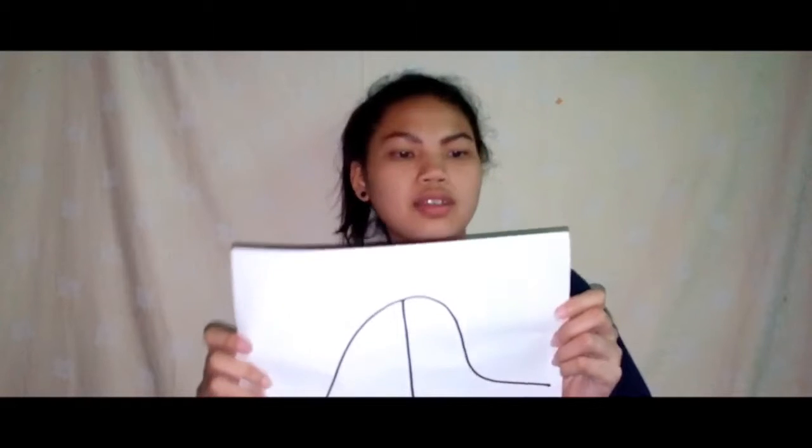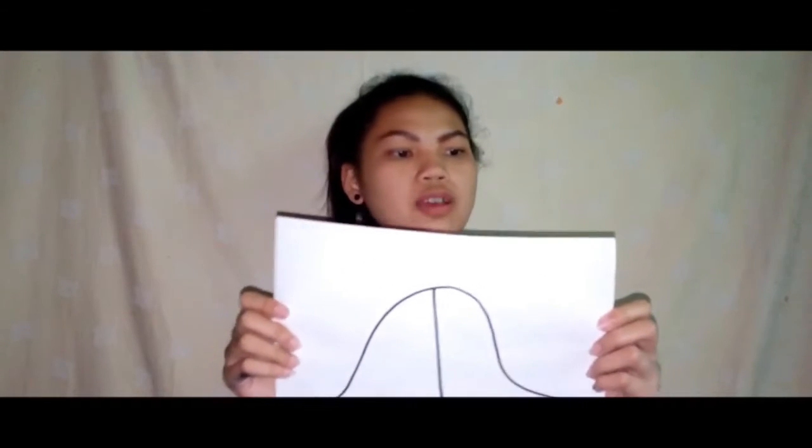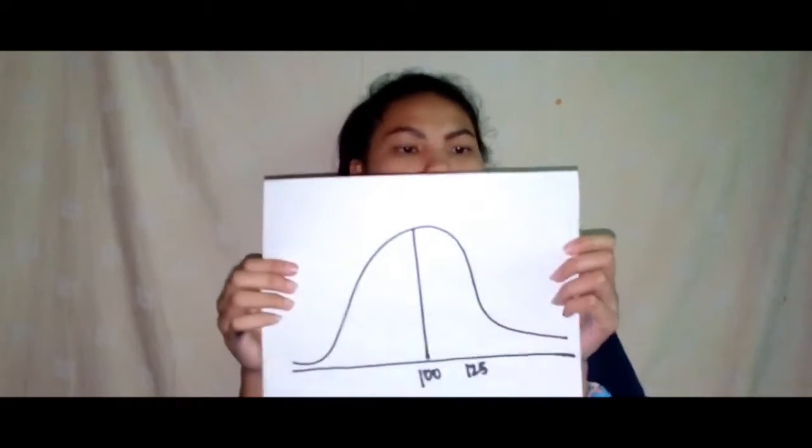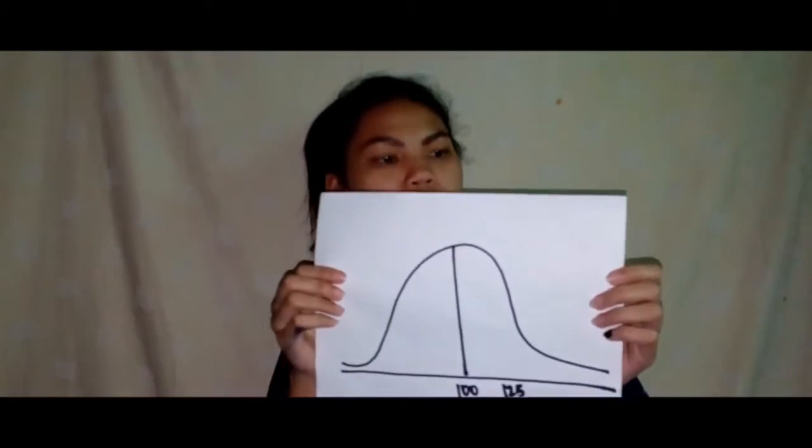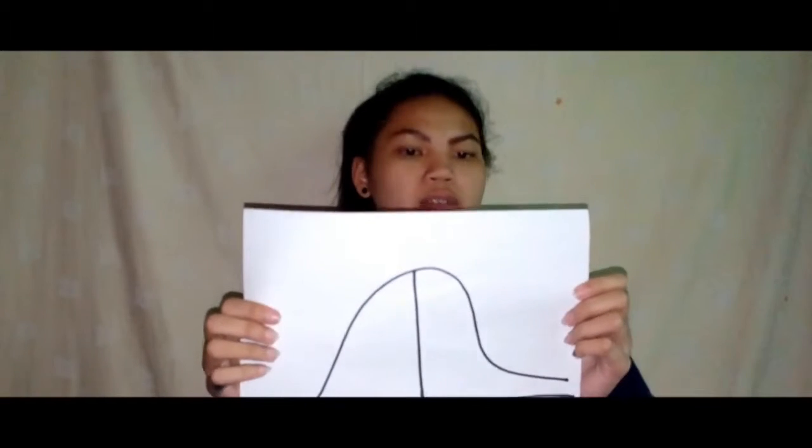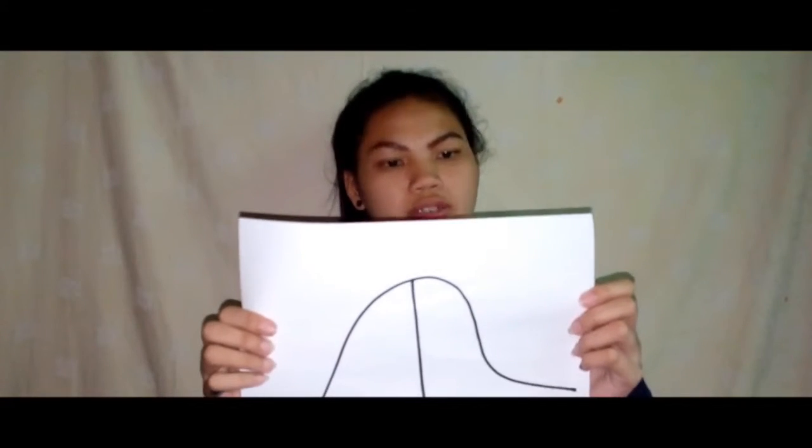Next, I have some observation. Let's say I have an observation of 125. And I want to know how far it is from the mean, what is the distance. Well, in statistics, the Z-score is the distance from the mean in standard deviations.